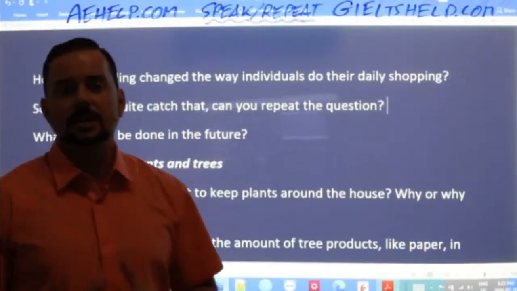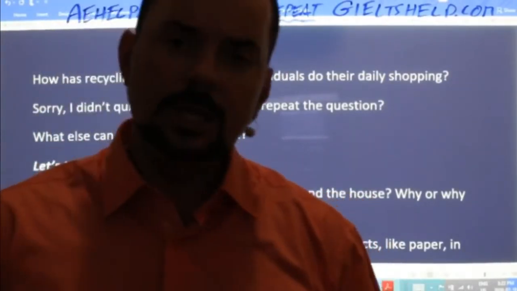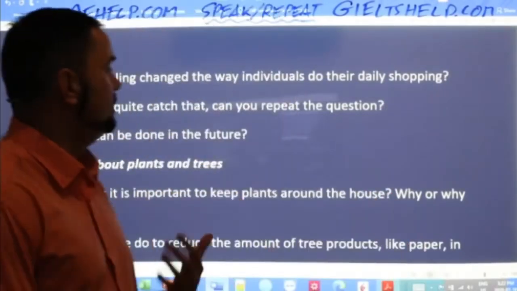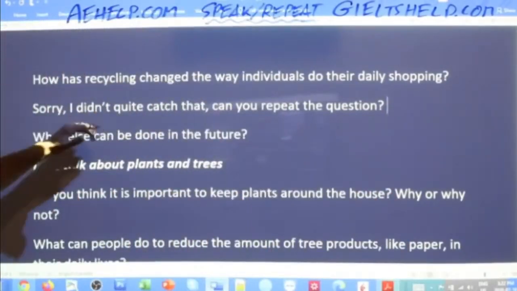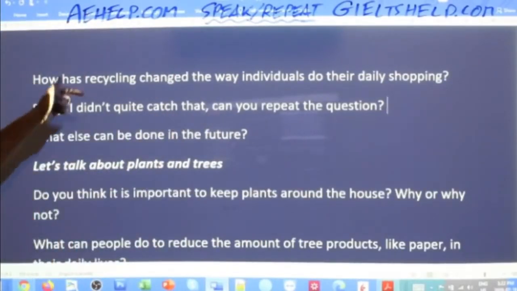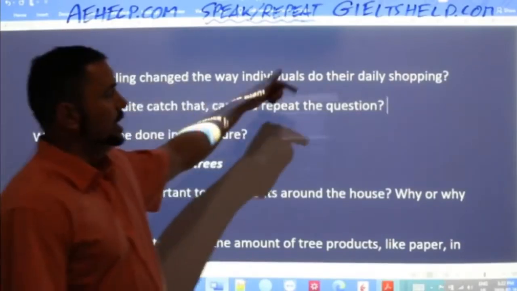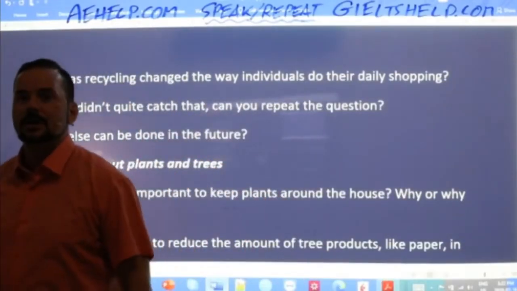You won't necessarily lose marks for that, especially if the question's a little bit tricky or awkwardly worded. Even a native speaker might not catch this on the first round, so they might say, sorry, I didn't quite catch that. Can you repeat the question? And then the examiner will say, sure. How has recycling changed the way individuals do their daily shopping? Okay. All right.